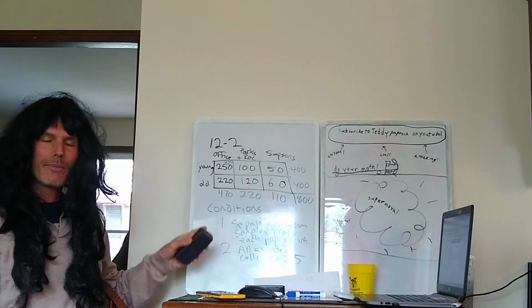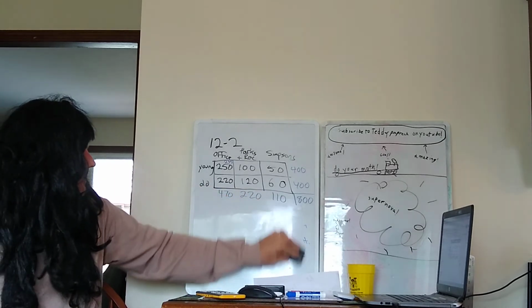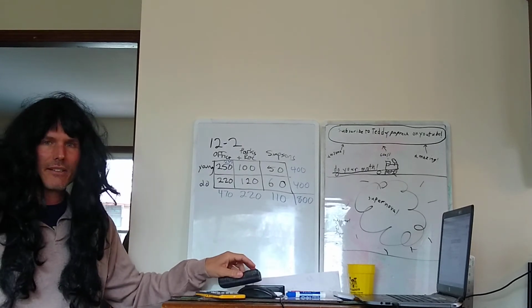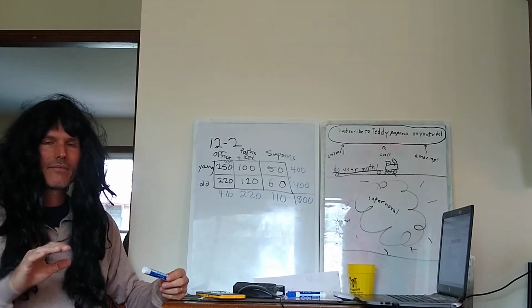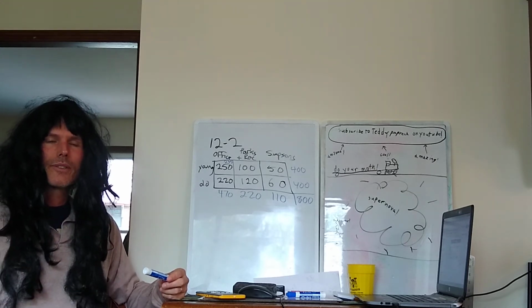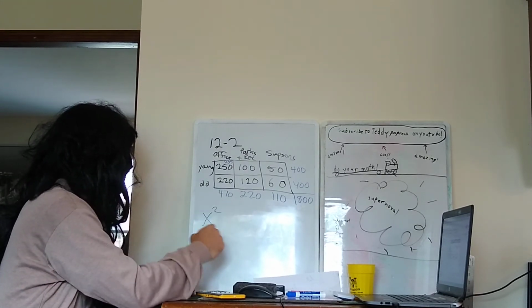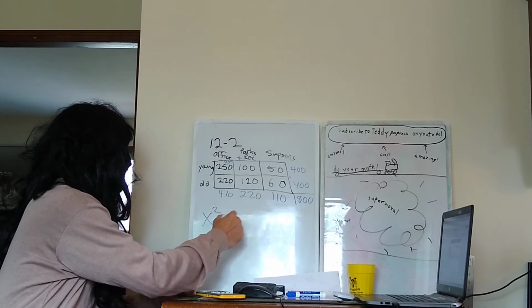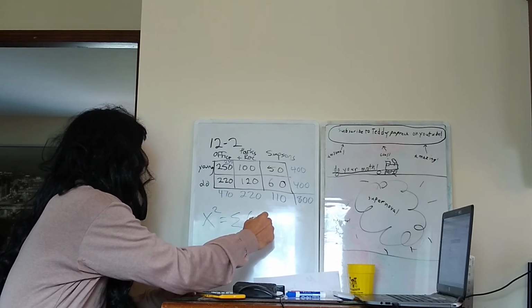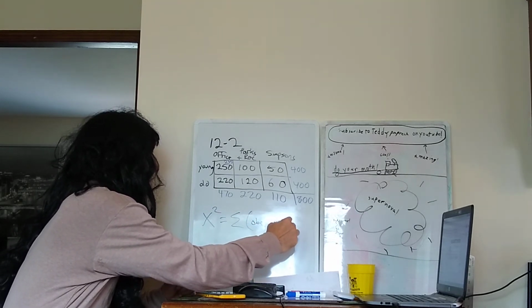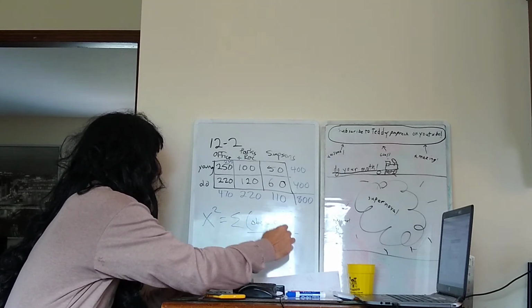Okay, so I've checked my conditions. Now it is time to calculate the value of the chi-squared test statistic. This is a chi-squared test, and we're going to use exactly the same test statistic that we did for the chi-squared goodness of fit test. So a reminder, the calculation formula for chi-squared is the sum of the observed minus the expected quantity squared divided by the expected.